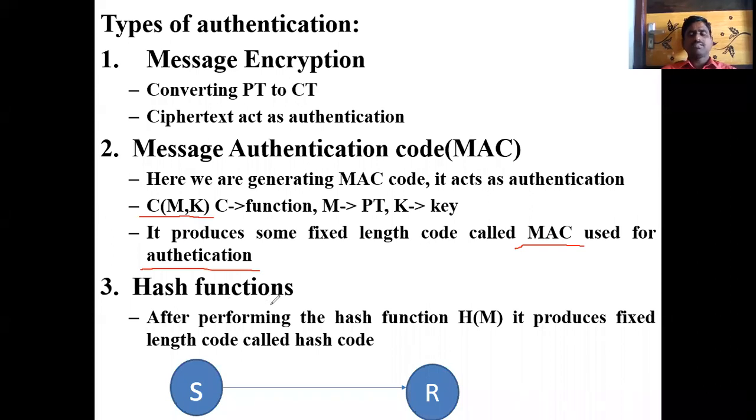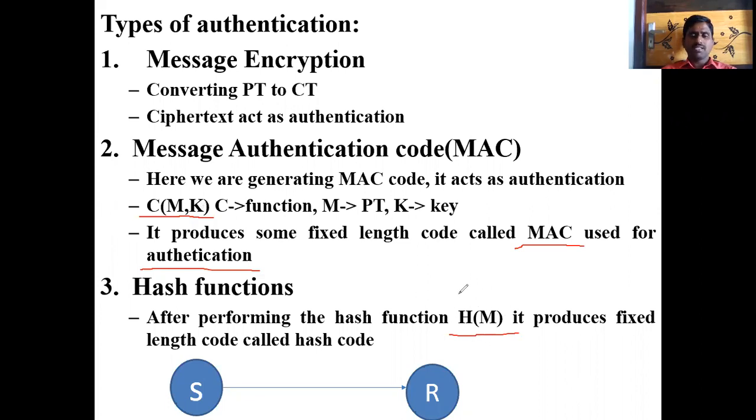Next, the hash function. In a hash function, it will generate the hash code and that acts as the authentication. Here we perform the operation h of m. H is nothing but a hash function on the plain text, on the given message. Here there is no key we are using, but in the message authentication code there is a key.